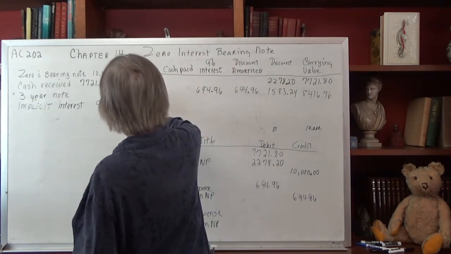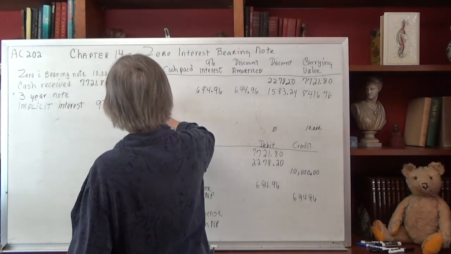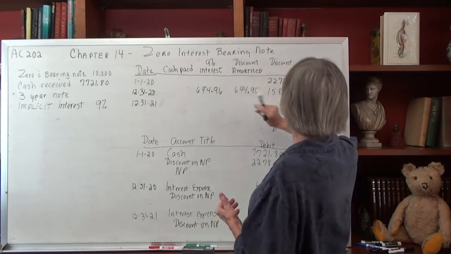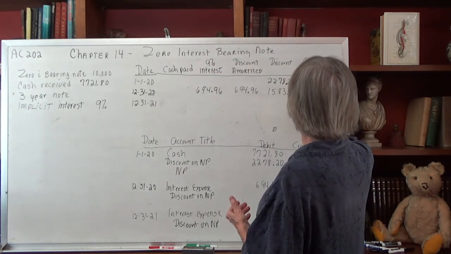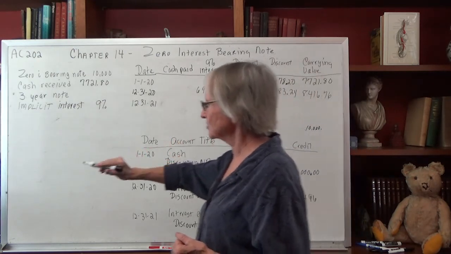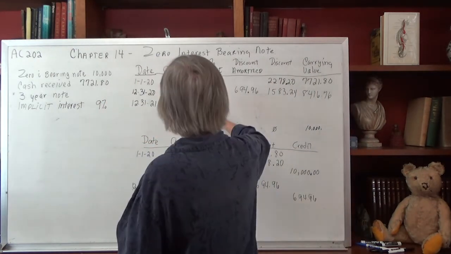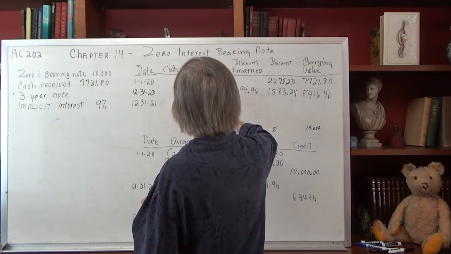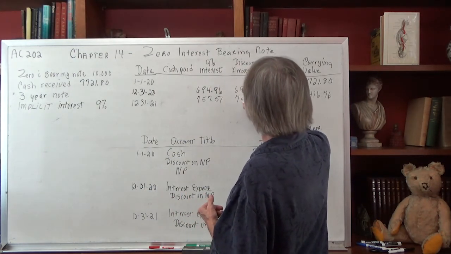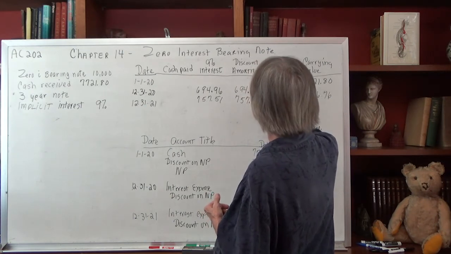At 12/31/21, we're going to do the same procedure, 9% times the carrying value. So 8416.76 times 9% gives us 757.51. That'll be our interest expense. That is also the amount of discount that we're amortizing.